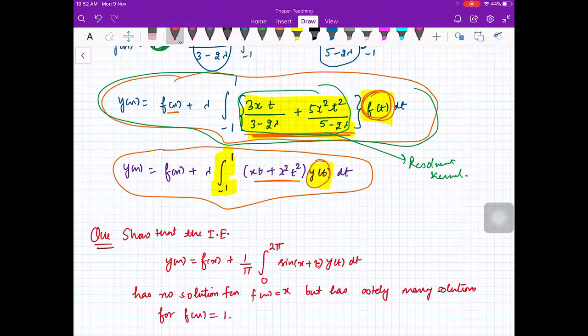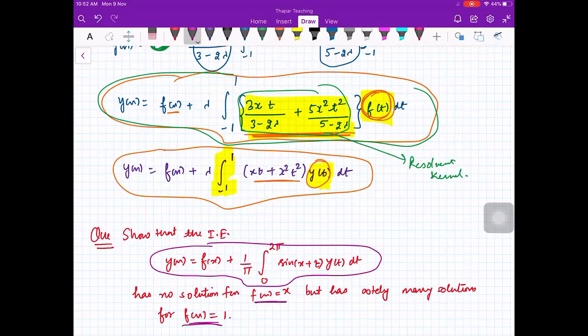So this is our question: you are given an integral equation and you are asked to show that when f of x is x there is no solution, and when f of x is 1, there are infinitely many solutions.